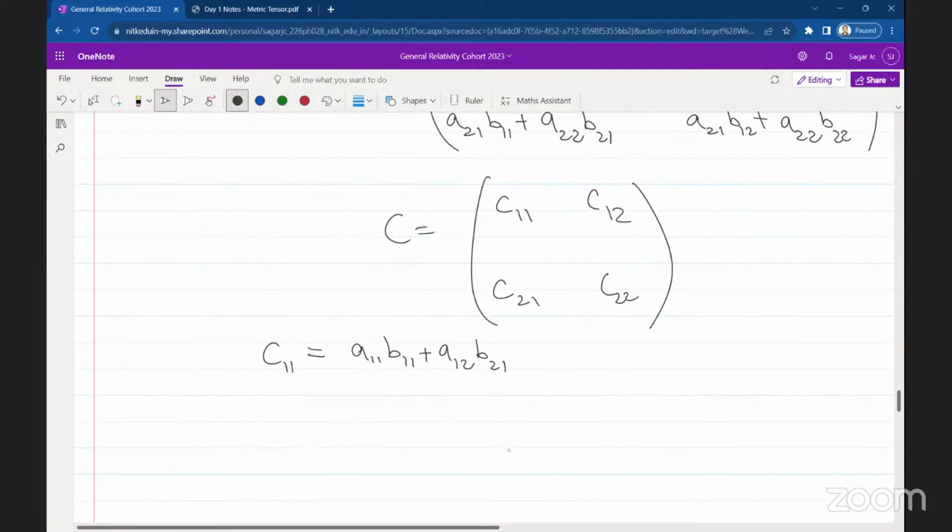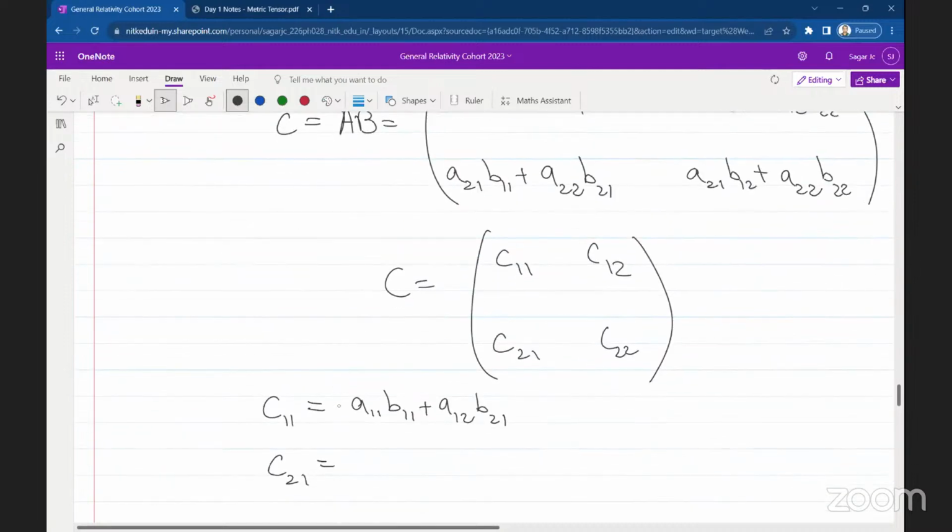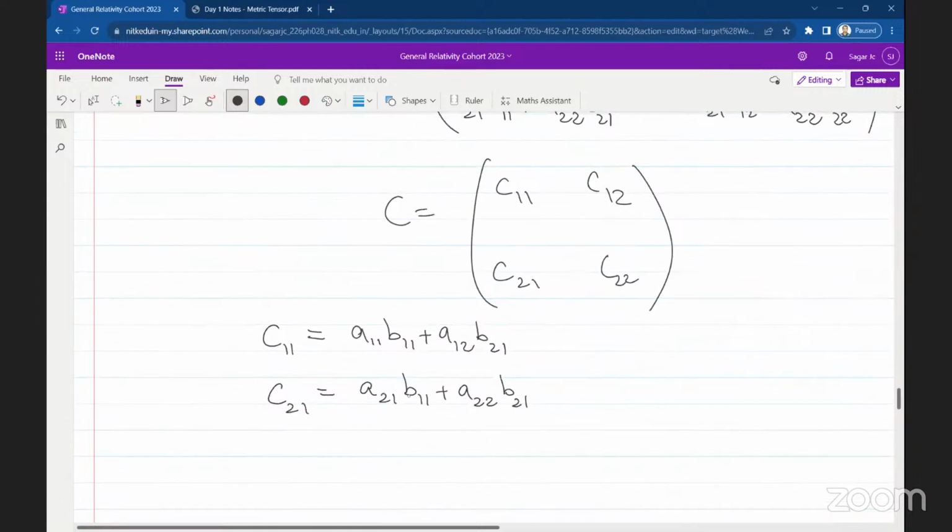I'll take one more, C21. What is C21? Second row, first column. It is A21 B11 plus A22 B21. If you see, 2 and 1 appear here, 2 and 1, 2 and 1. But what is summed over?